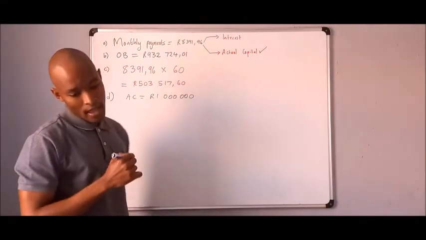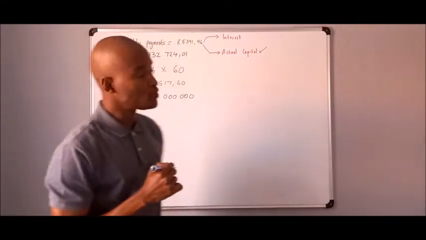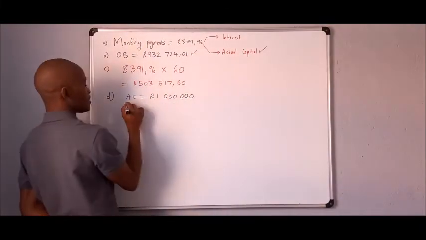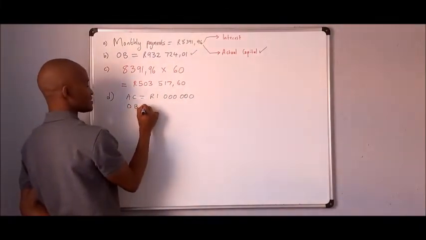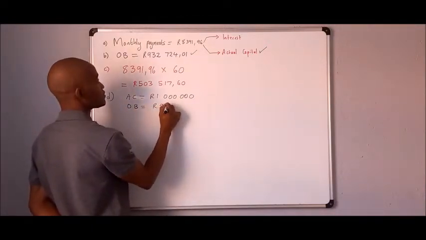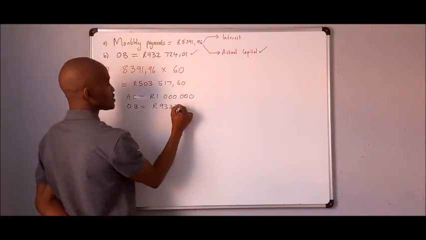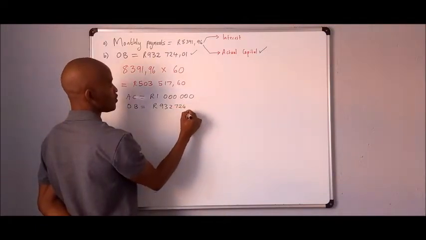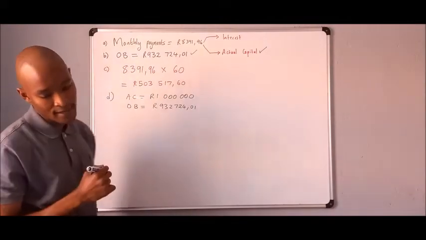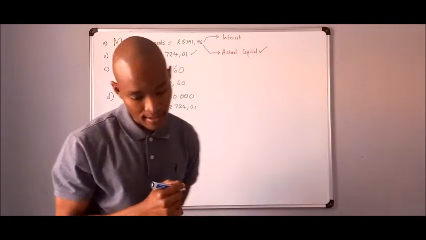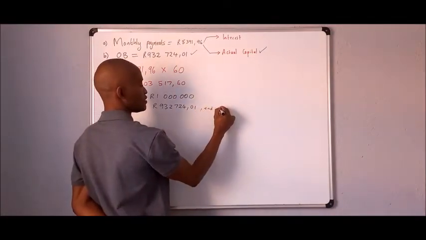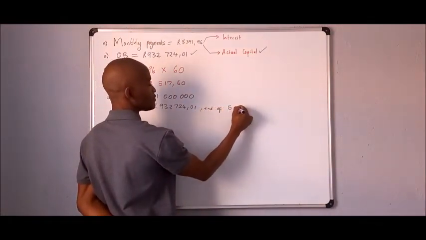We also know from the previous lesson that our outstanding balance is 932,724 rands and 1 cent, and this is at the end of 5 years.